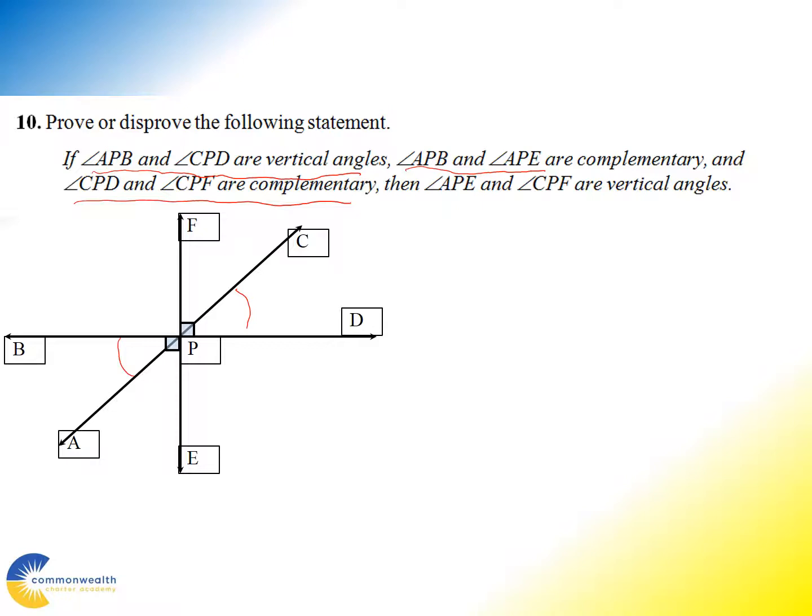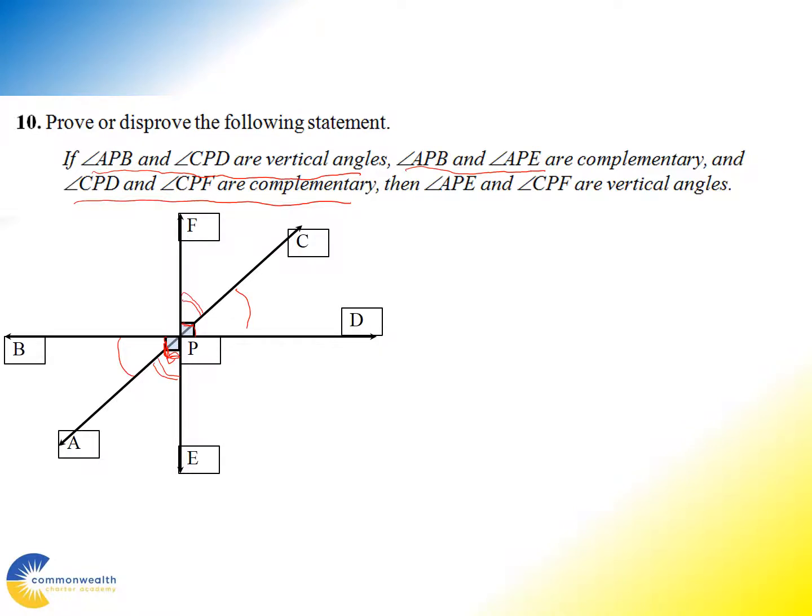Angle APB and APE are complementary. Again, here's AP, so APB and APE are complementary, so I know that I have a right angle down here. And CPD and CPF are complementary, so again, I see this right angle here.